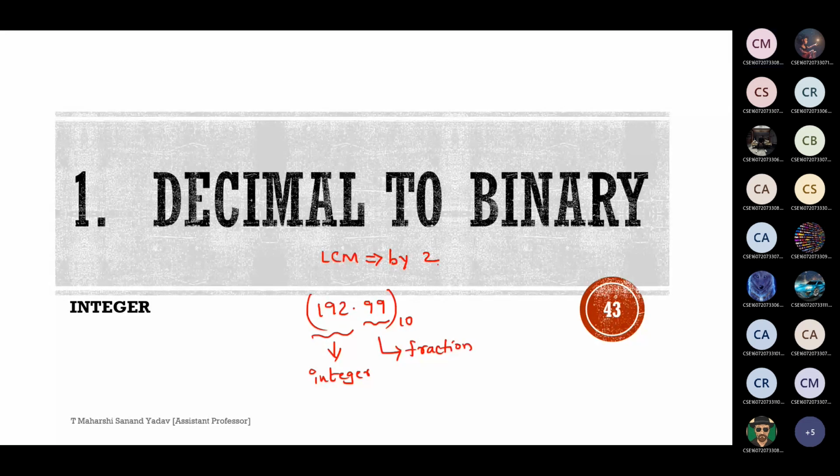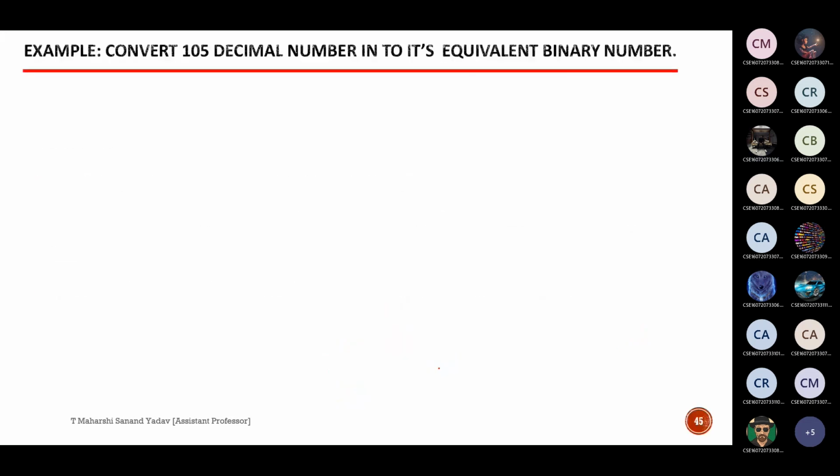So continuous division by 2 is for the integer part or the fraction part? Integer part, sir. Correct. For the integer part you will do continuous division. What about the fraction part? Multiply with 2. Correct. Continuously we need to multiply it by 2. So let us solve one problem. Note down this question.